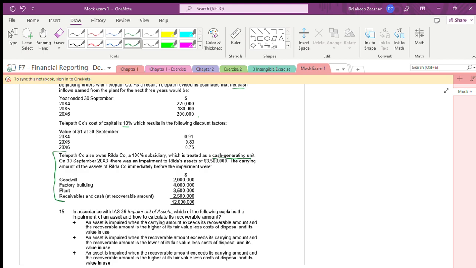Okay, that's a small flashback I am giving you. There was an impairment, and we have to allocate the carrying amount of the assets immediately before impairment. Goodwill will become zero.